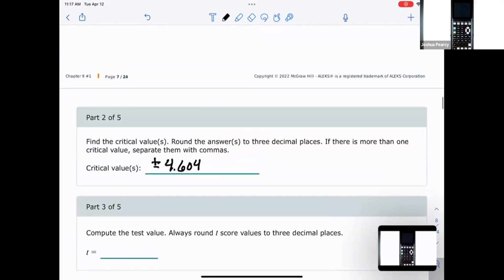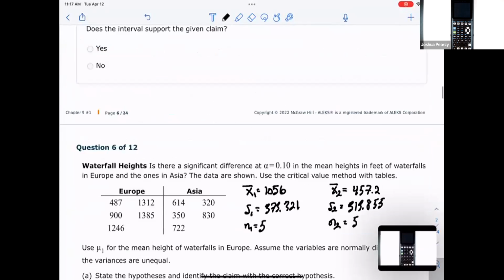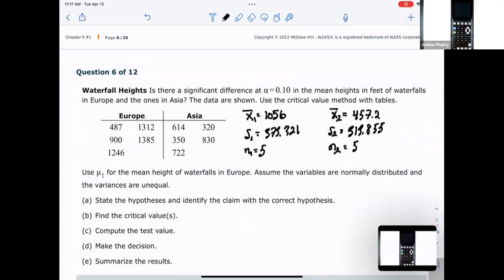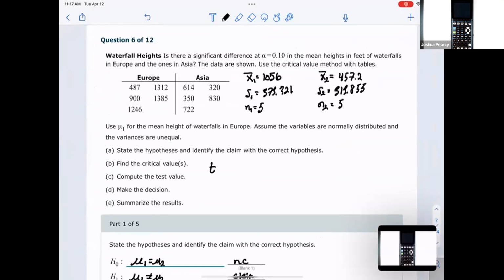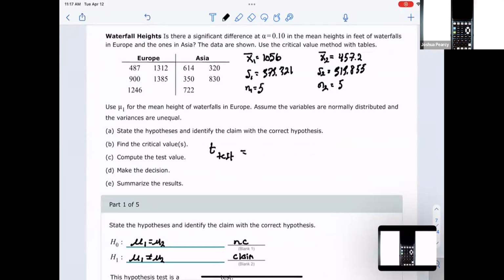Then compute the test value. Just plug it into the formula. So let's do that up here. It'll be t test is equal to X1 bar minus X2 bar over the square root of S1 squared over N1 plus S2 squared over N2.